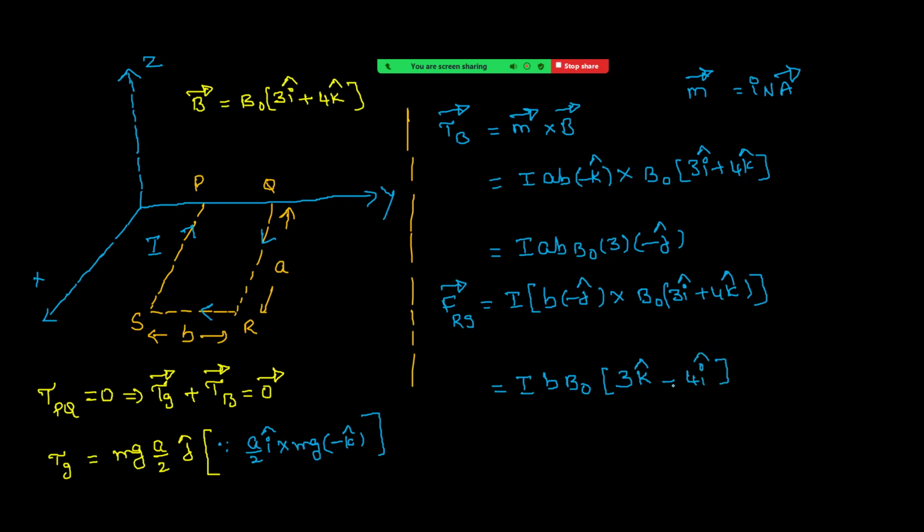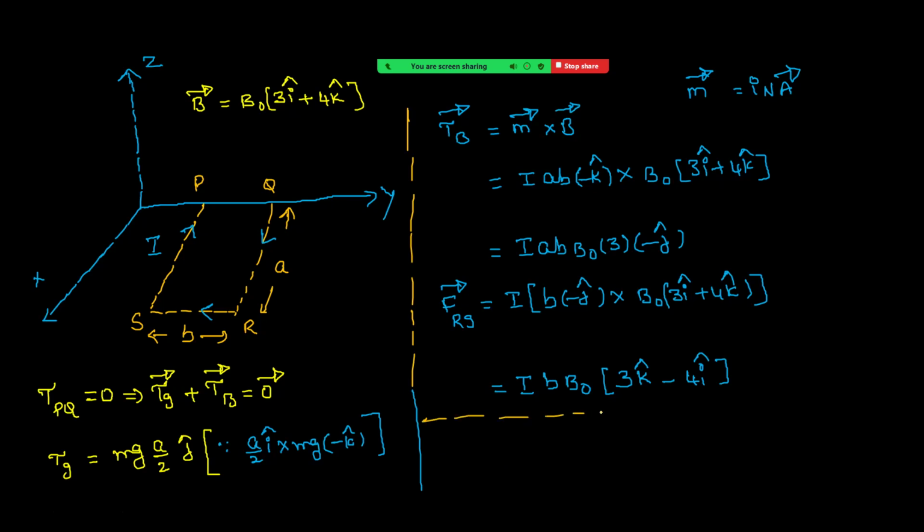Next, focus here. Find the expression for I in terms of given quantities. For the expression for I, we can use the condition that the sum of the torques equals 0. That means we can equate those torques, their modulus values.